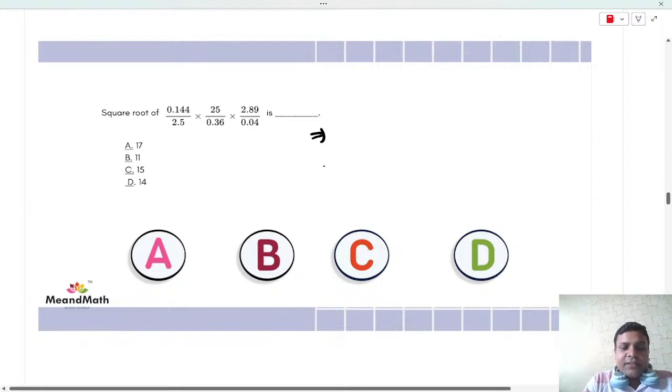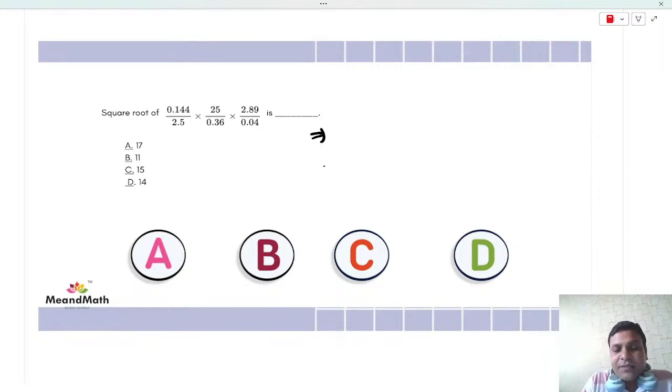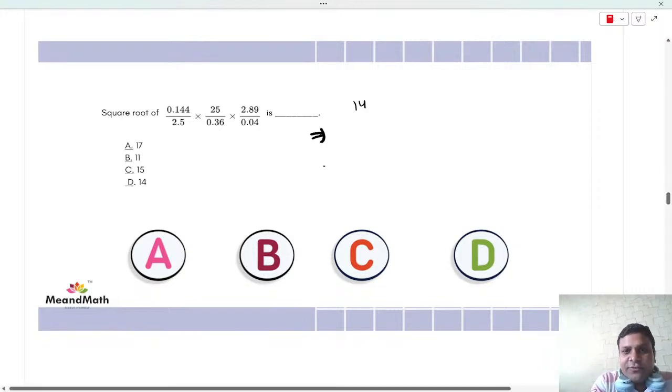Look at the screen. So I'm removing the decimal here. So 144 upon 2.25 into 10 upon 1000 into 25 into 100 upon 36, and the last one is 289 upon 4 into 100 upon 100.